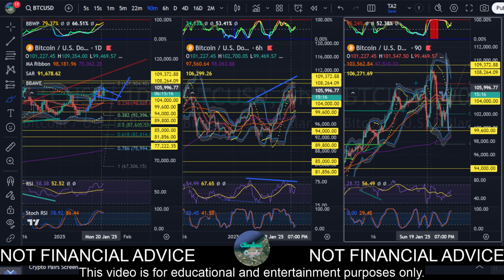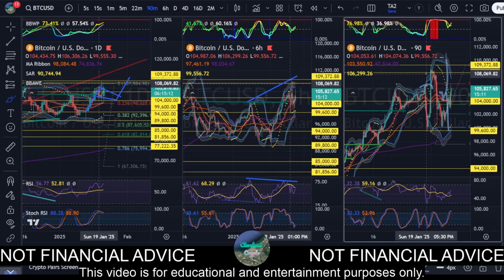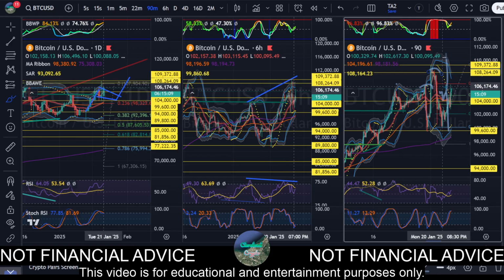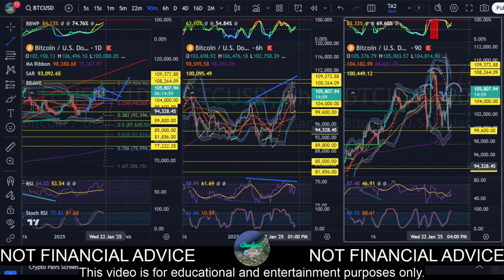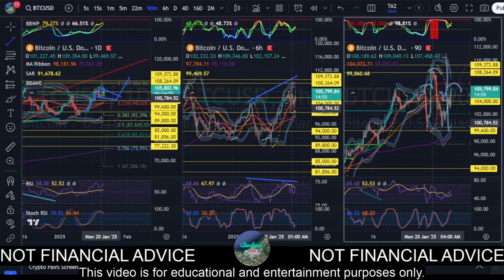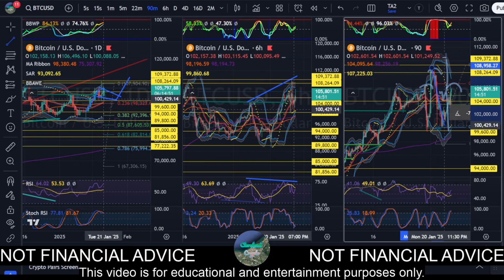All right, so we got one shoulder, we got a head, and we got a right shoulder forming now, possibly. If the bulls can break up from here, that would invalidate that head and shoulders. If the bulls break down from here, well, the shoulder line would be here. So we would want to see support found at the shoulder line and then a reversal.